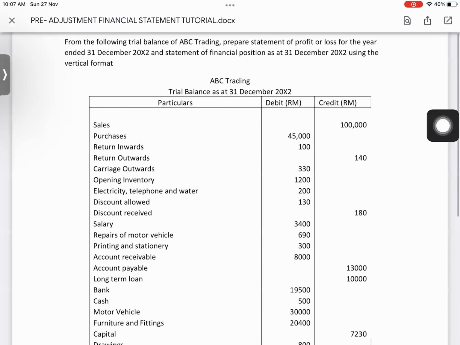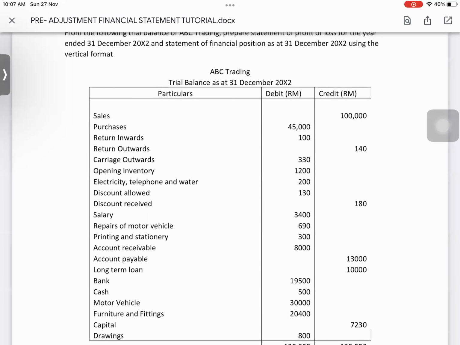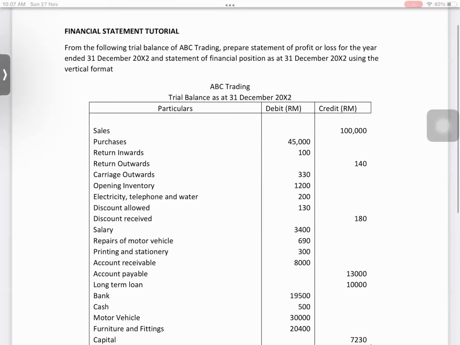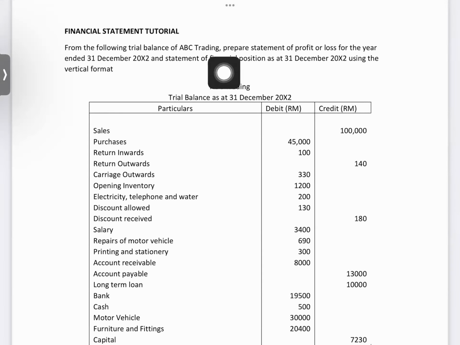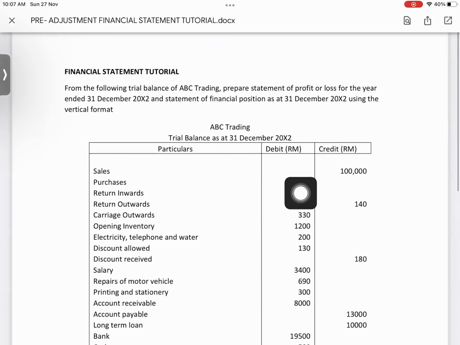ABC Trading. Ni dah tengok, kita dah buat belum? Belum. Okay, untuk soalan ni, dia suruh you prepare statement of profit or loss or SOCI, sama je, and statement of financial position or SOFP. So, boleh lah kalau nak buat.